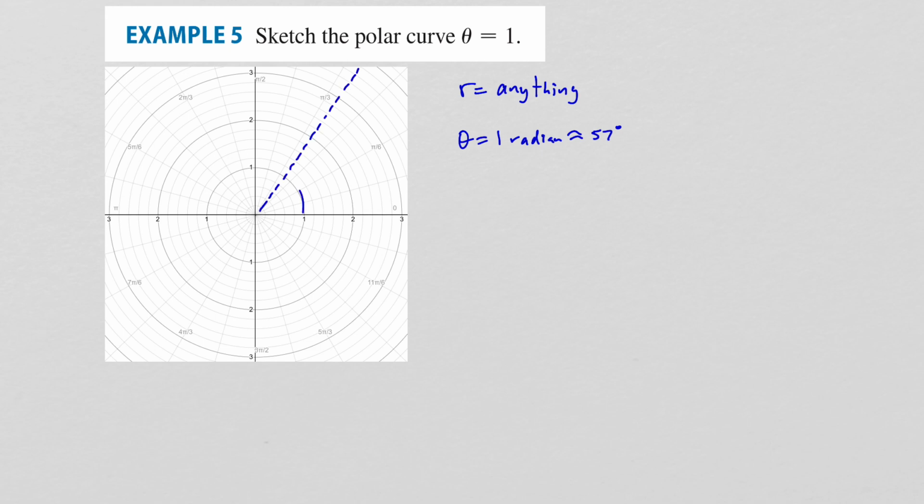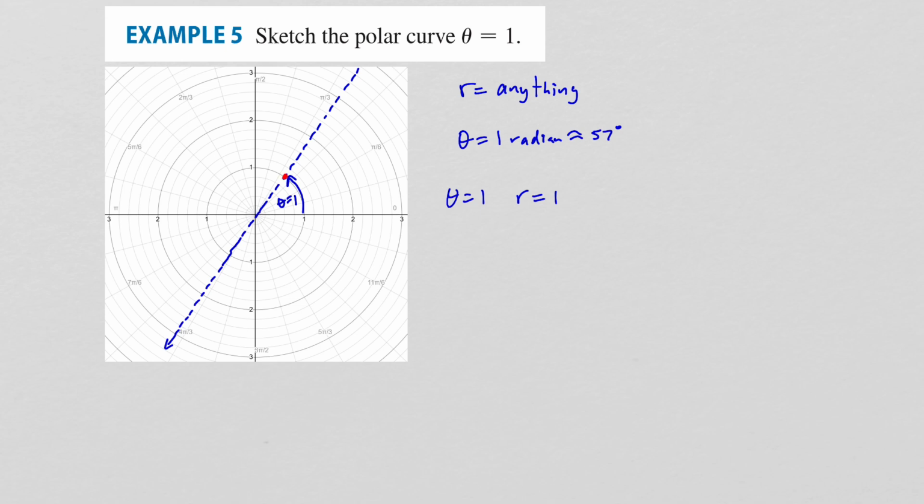So this is the angle theta equals 1. And of course, we could carry it on in the other direction, right? Because if r is negative, we would end up down here somewhere. And actually, that line is the graph of theta equals 1. So let's think about that. If theta is 1 and r is 1, then you are going to go out 1 unit on that angle.